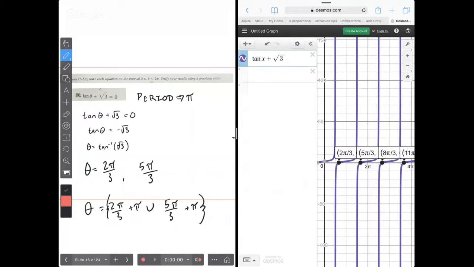Oh, hey. So this is, I wasn't thinking. Oh, so this is theta equals 2 pi over 3 plus k pi, because this is just once a period. That's all it is.